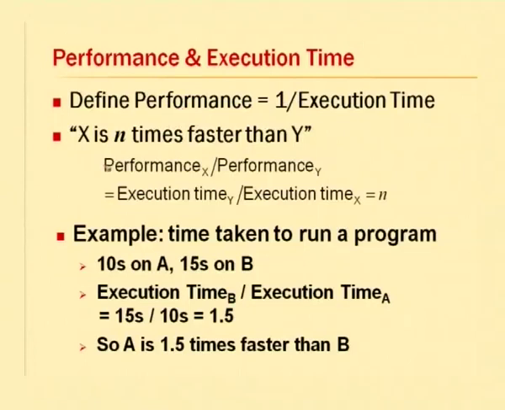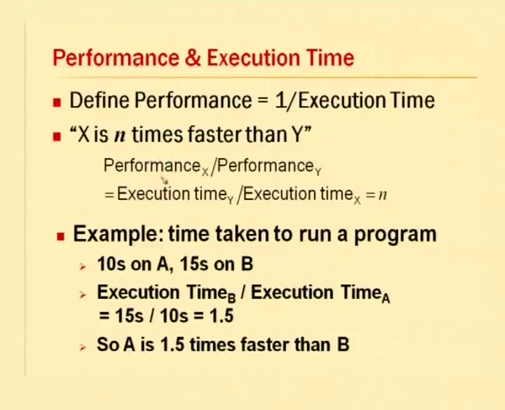So if I say that X is n times faster than Y, a processor or a machine X, let's say, is n times faster than Y, what do I mean by that? I'm basically trying to take a ratio of the performance of X with respect to the performance of Y. Which would in this case become execution time of Y divided by execution time of X. Okay, we call this, say, by a value n.